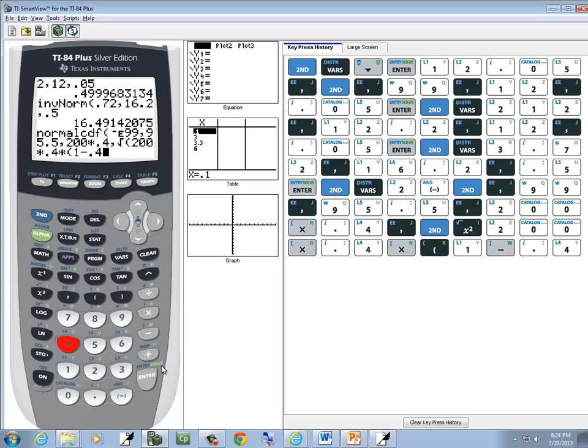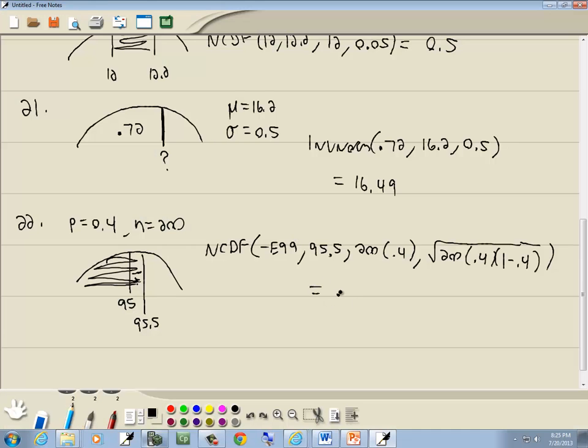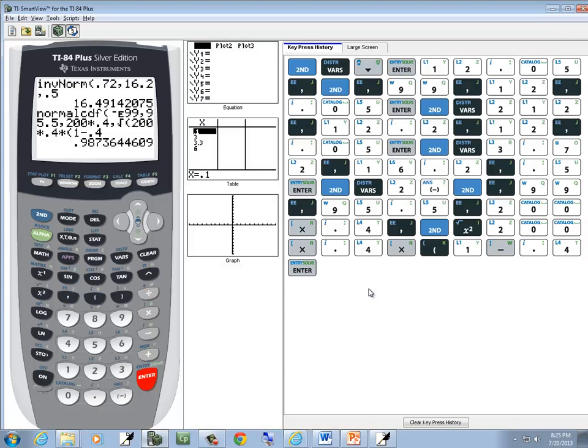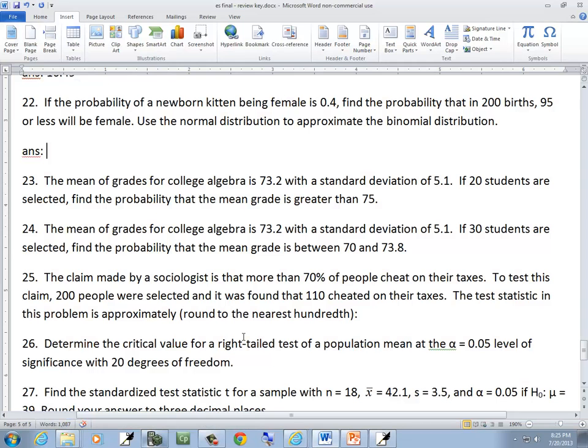You don't need closing parentheses at the very end unless you just want to put them, and then enter. And our answer will be 0.9874. So 0.9874.